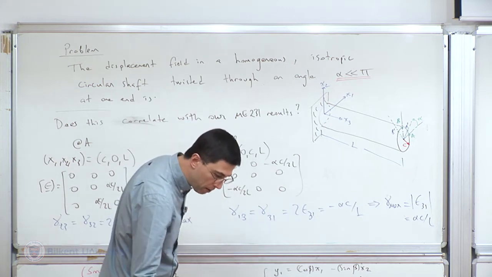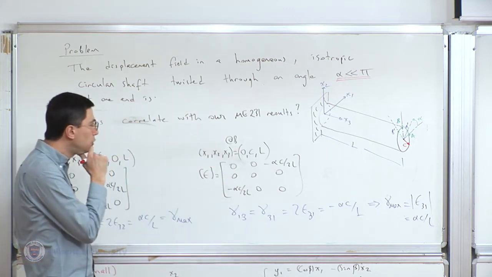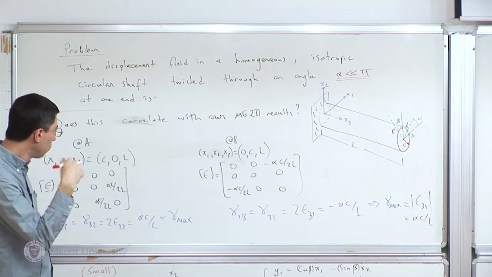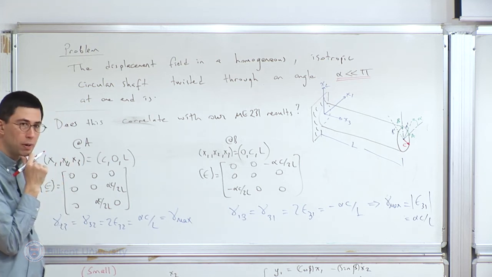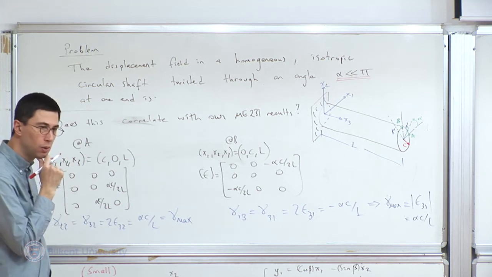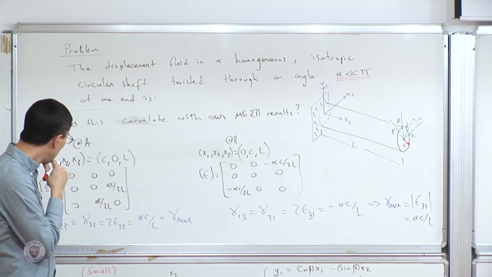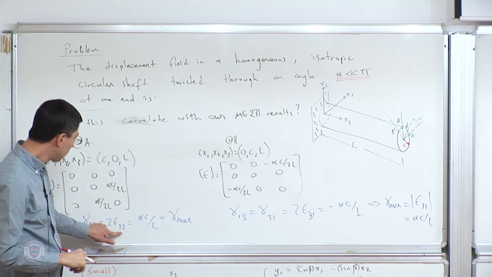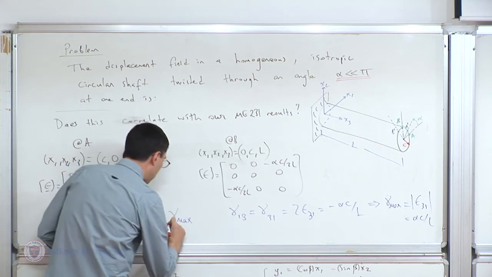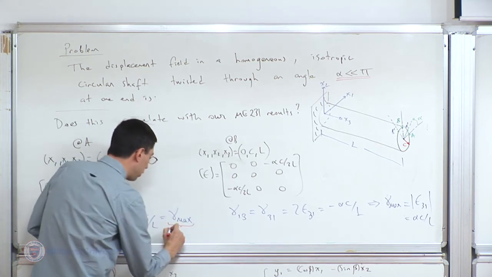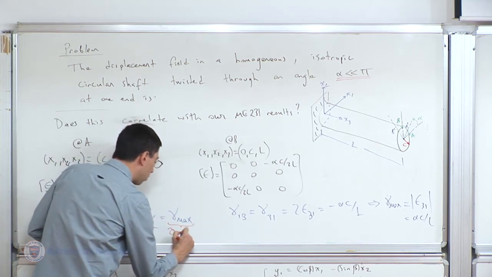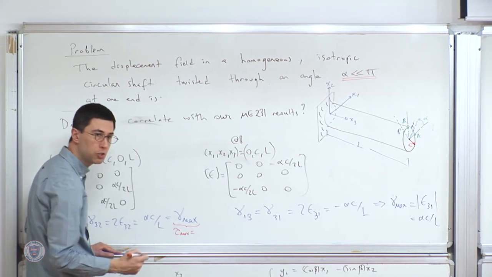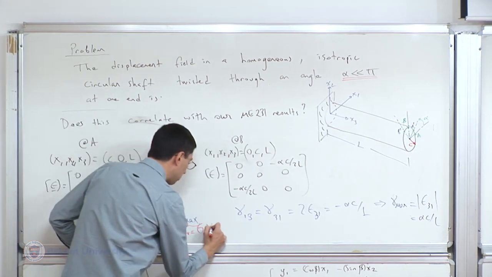Now, remember, what does the direction eventually indicate? We'll recall this once again when we talk about stress, so you will have a chance to recall. So for instance, 3,2. So this is gamma max. And the shear stress, tau max, is equal to the shear modulus G times gamma max.